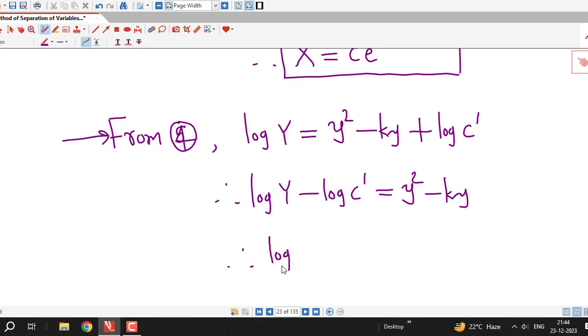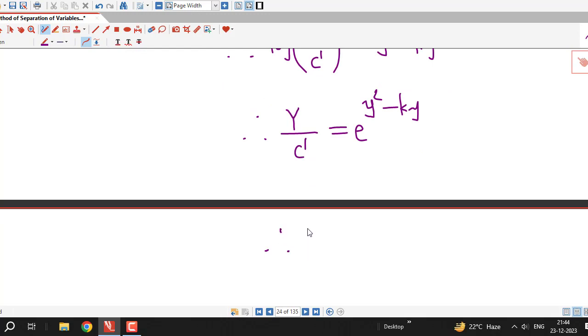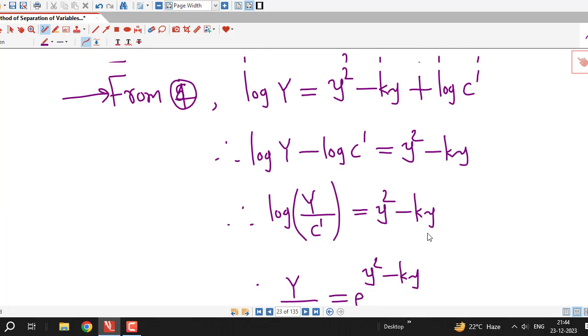Therefore logarithm of Y divided by c dash becomes y square minus ky, using the property of logarithm, and therefore what we obtain, Y divided by c dash equals e to the power y square minus ky, and finally we obtain another function also, Y equals c dash times e to the power y square minus ky.